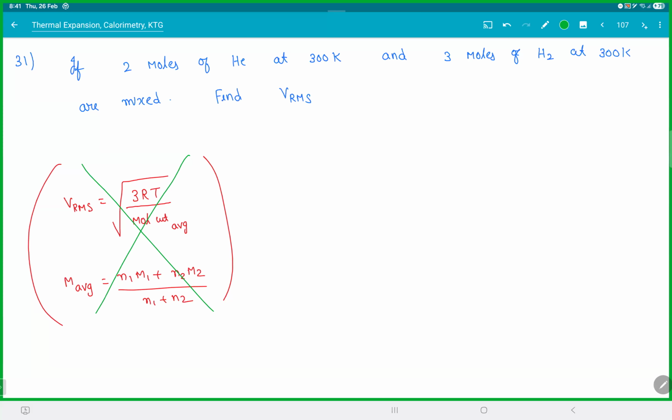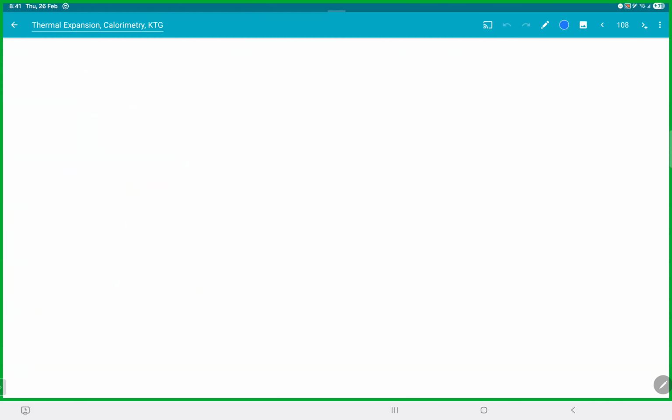Now, why is that? Let's see how that V RMS is actually calculated. First, let's take only one gas. If you just take V RMS of helium, it is nothing but root over V1 square plus V2 square plus so on till Vn square by n. So when you take all the molecules, I'll just put sigma Vi square by n.